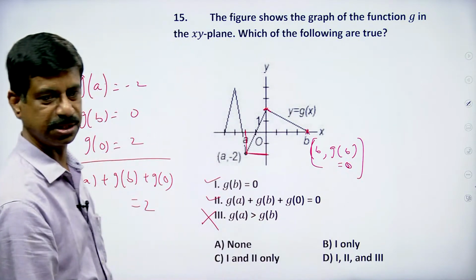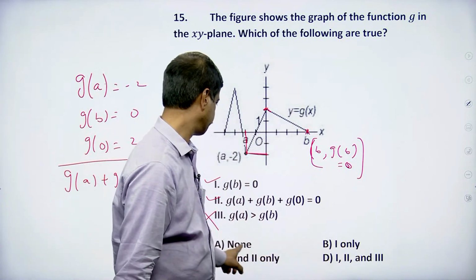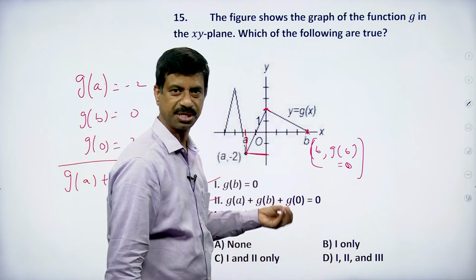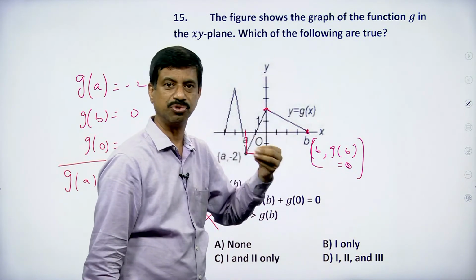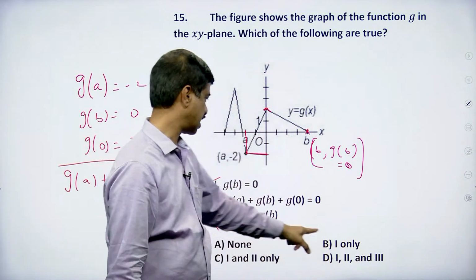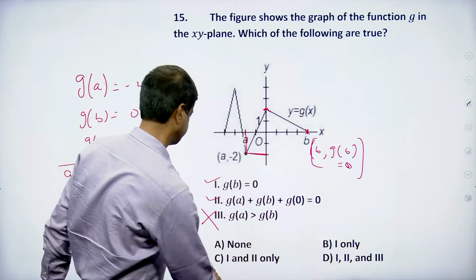So, look at these options. 1 and 2 only. None, of course, I said a none option will not be given any time from 2012 onwards, it is removed. So, in future also they will not give. This is not the answer. 1 only is wrong because 2 is also right. Option C satisfies.